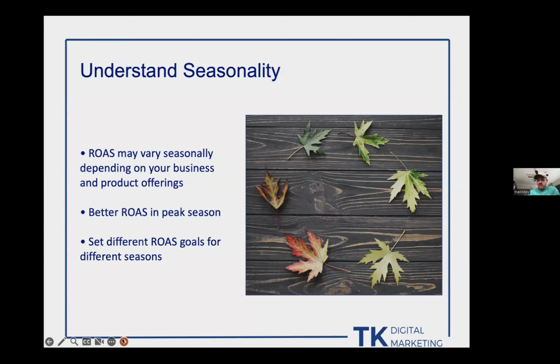So understand that ad performance will change throughout the year, and your threshold for certain metrics should change accordingly. Set different goals as you go from the beginning of the peak season to the peak to the falling off later in the year.